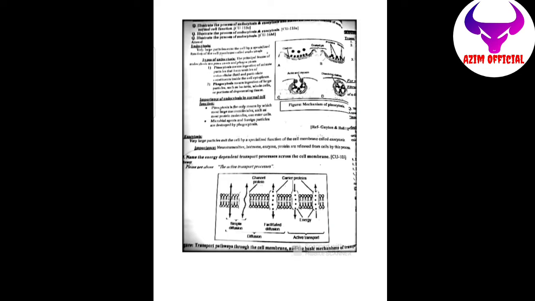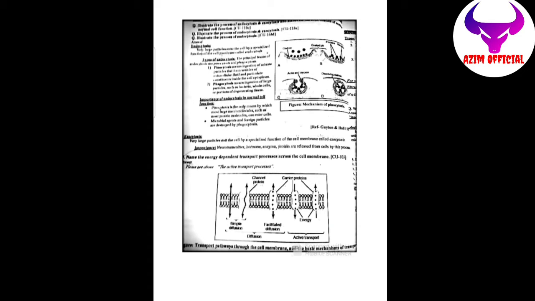Those macromolecules are captured as vesicles and transported from one side of the cell to the other, especially across the interior of the cell. This is called transcytosis. Am I clear? Yes, sir.